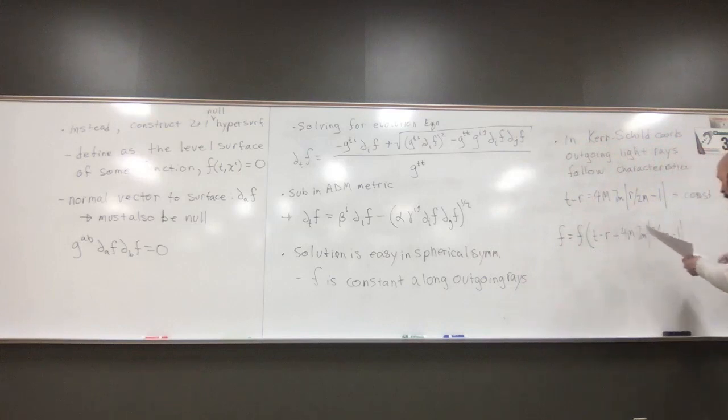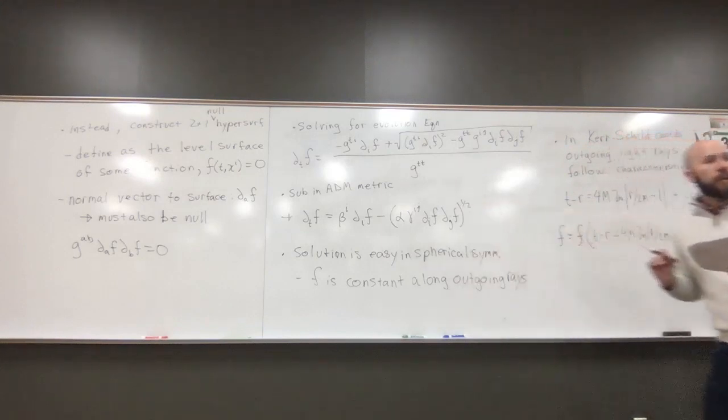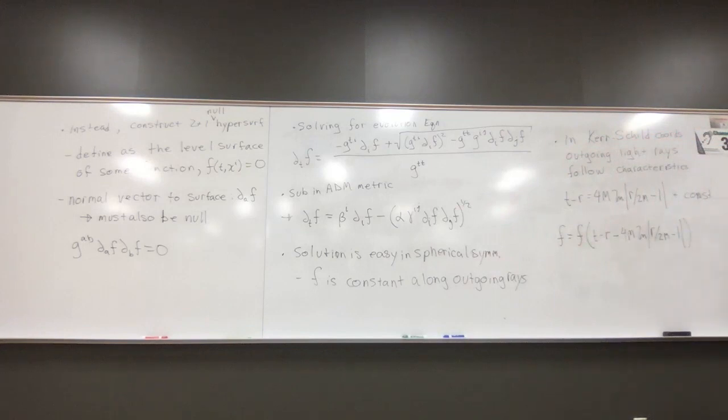I can drop the constant because it's just a function of this thing. Who cares about the constant? So this must be a solution to the evolution equation for this level surface.